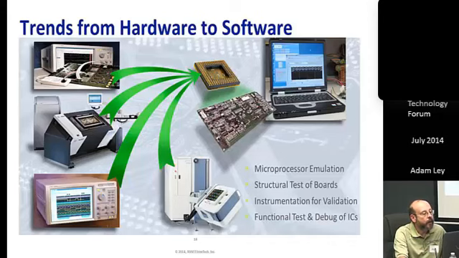Some examples that are illustrated here, of course, is with the old style of logic analyzers or CPU emulation. You had external circuits that connected to your board, and they monitored or in the very old days emulated the operation of the microprocessor on your board.